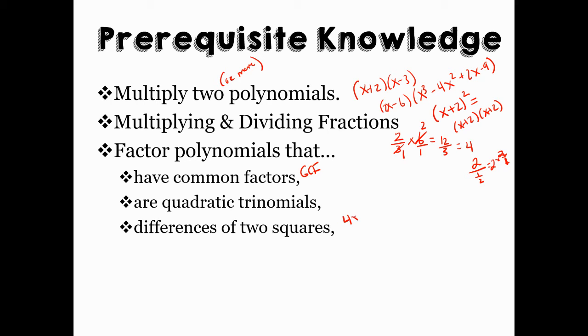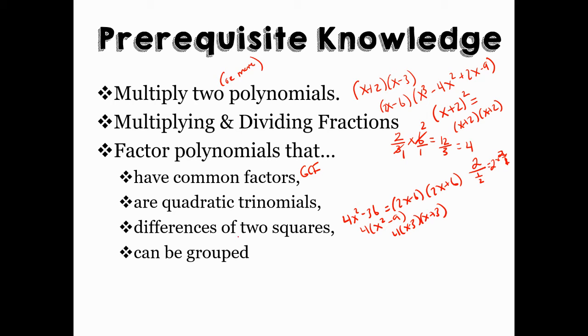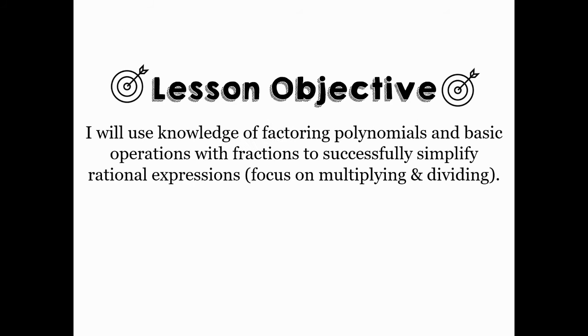If you've got something like 4x squared minus 36, recognizing that that's 2x minus 6 times 2x plus 6. I probably should have recognized a little earlier that I could have factored out a 4: 4 times x minus 3 times x plus 3. Or are we factoring by grouping? Can we factor something out that's common?